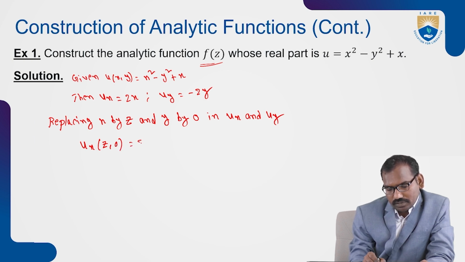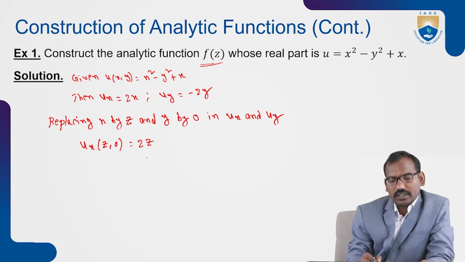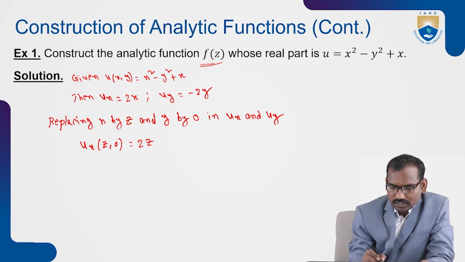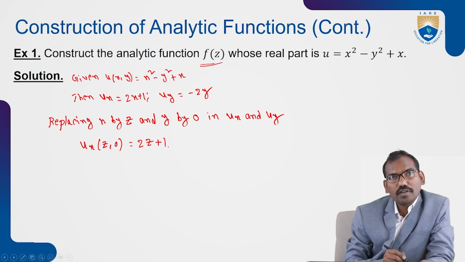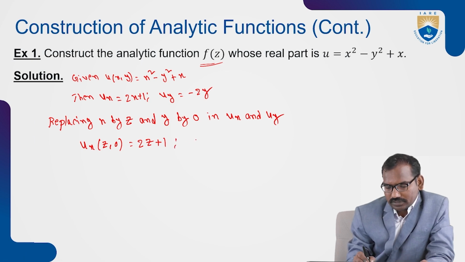You will have 2 times z, and also, there is x in the u function, for this we get 1, correct? Next, u sub y, x replaced by z, y replaced by 0.